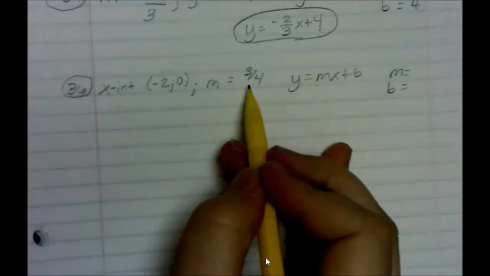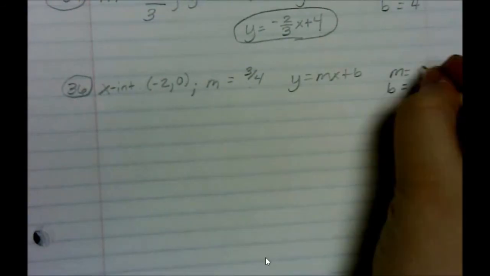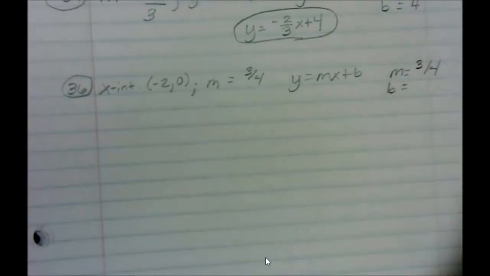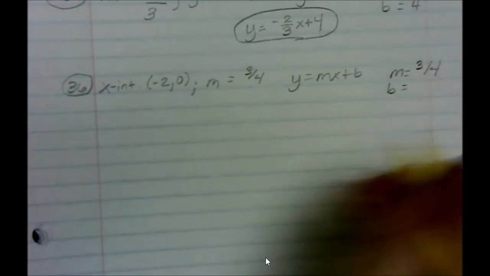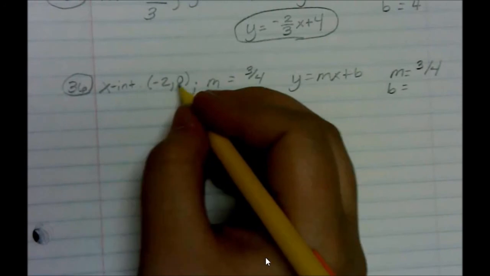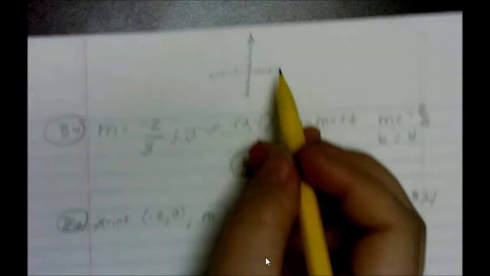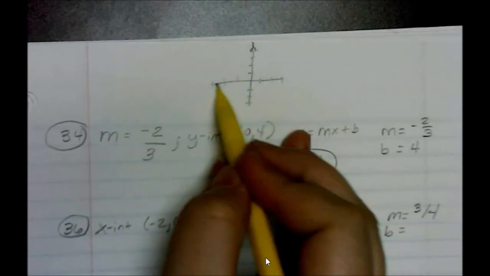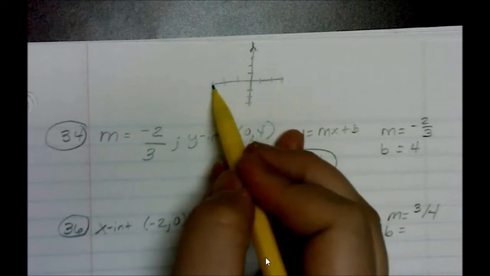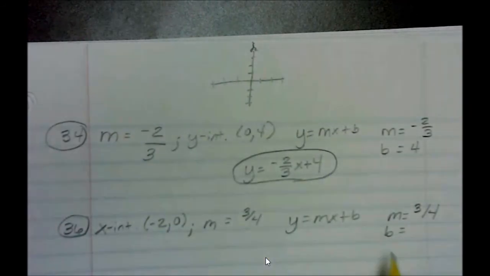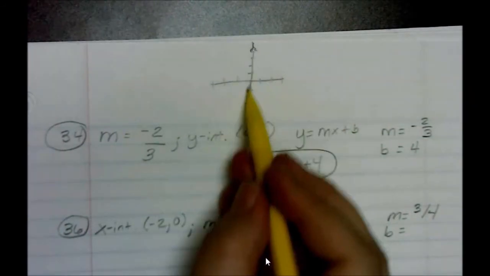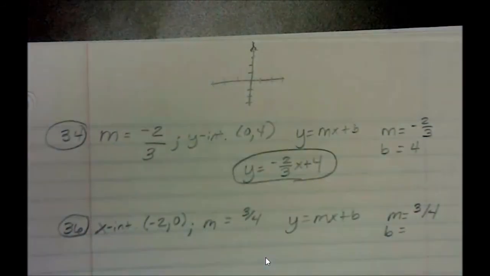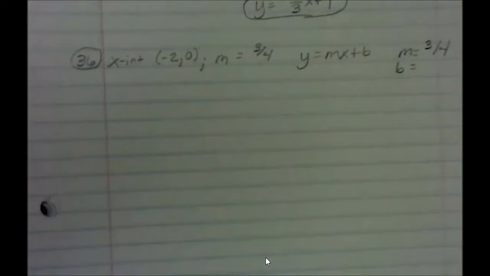So I'm going to write 3/4 here, and I need to find out what my b is. Well, our x-intercept means it's going to lie on this x-axis. Well, b stands for the y-intercept. I need to know what lies on this axis. So the x-intercept doesn't really tell me much other than the fact that it goes through that point.